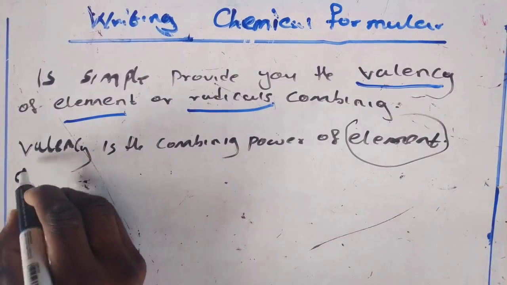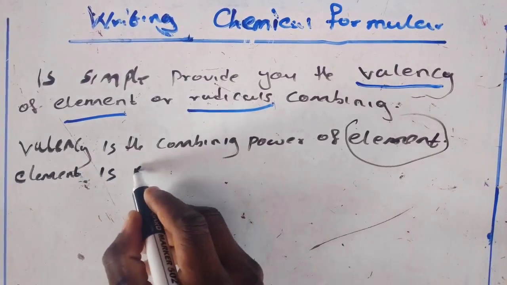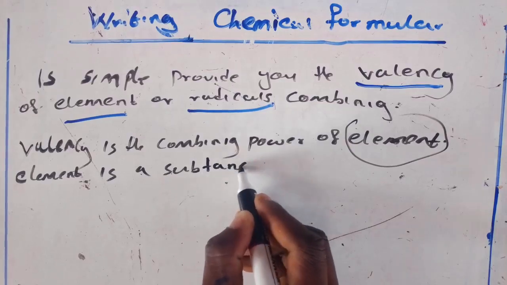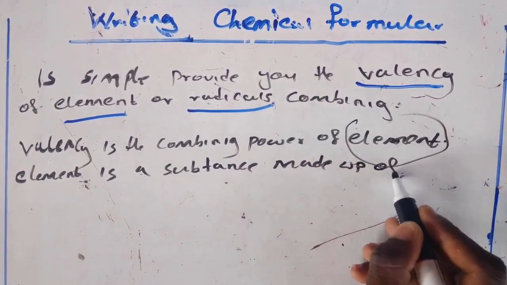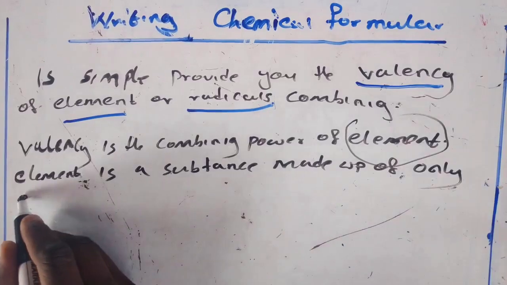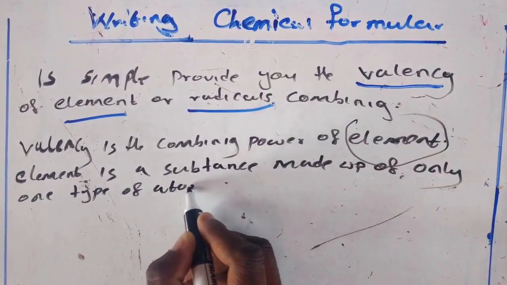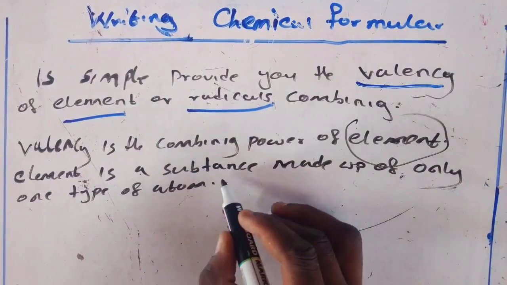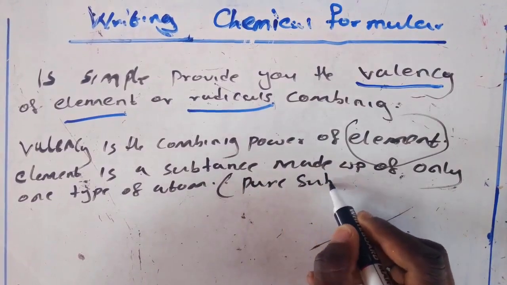So an element is a substance made up of only one type of atom. In short, an element is a pure substance.